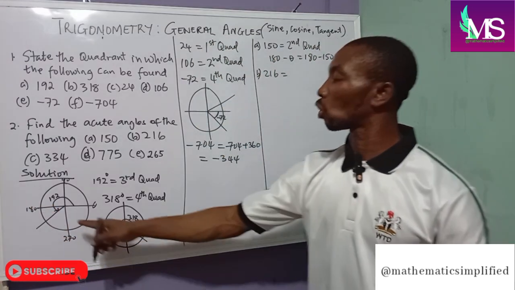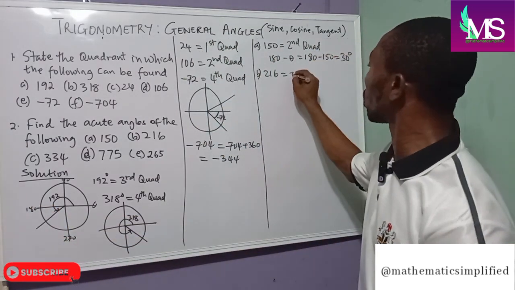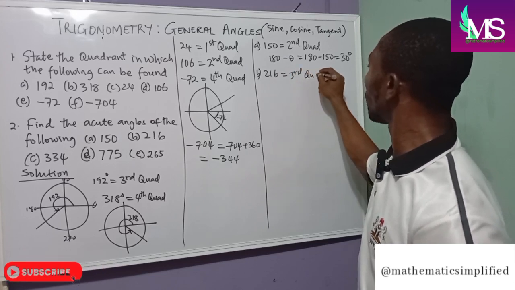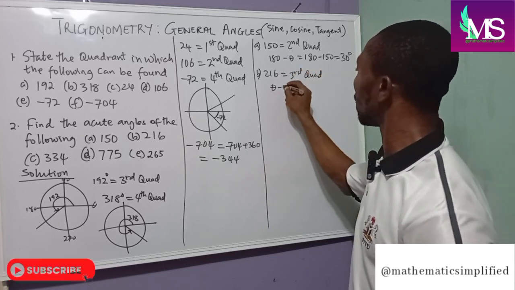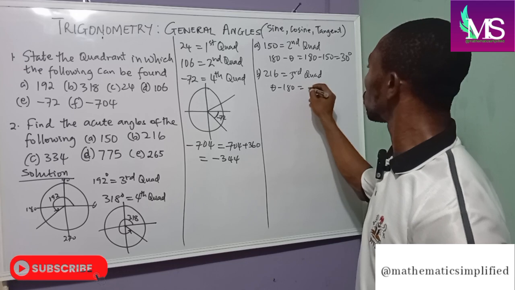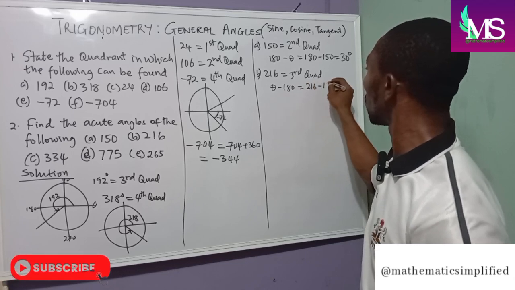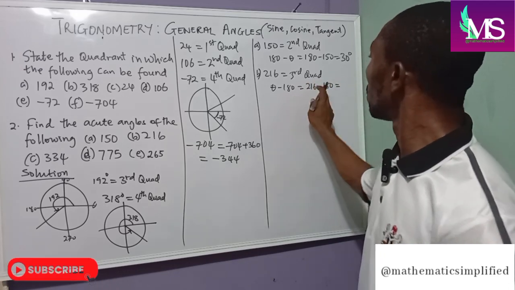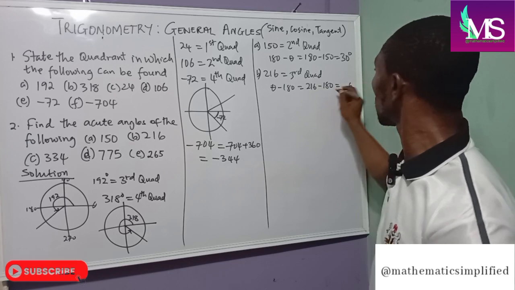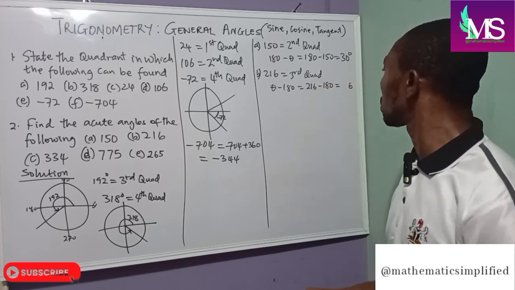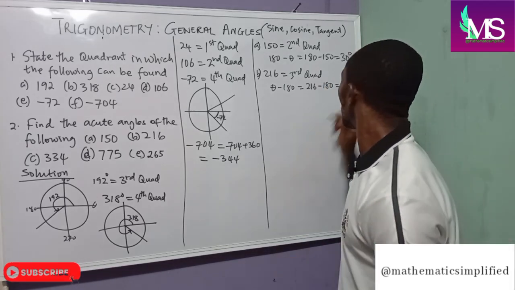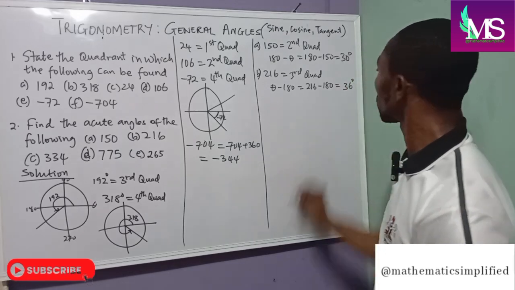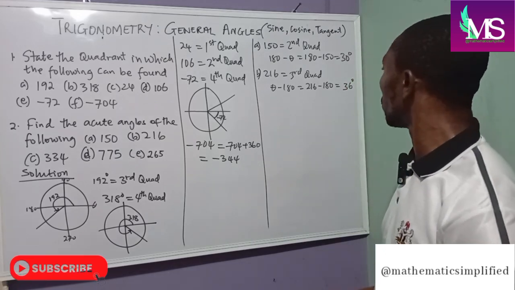For the third quadrant, our formula is theta minus 180. So this will give us 216 minus 180, which will give us 36 degrees.